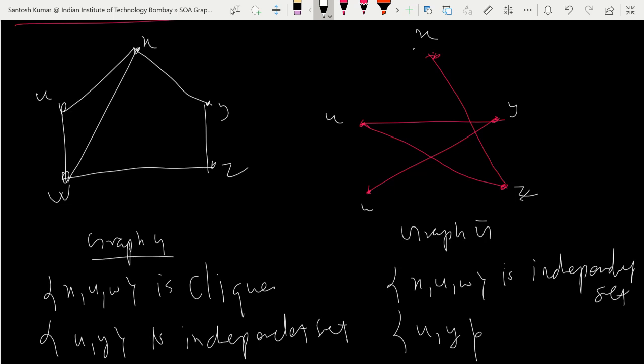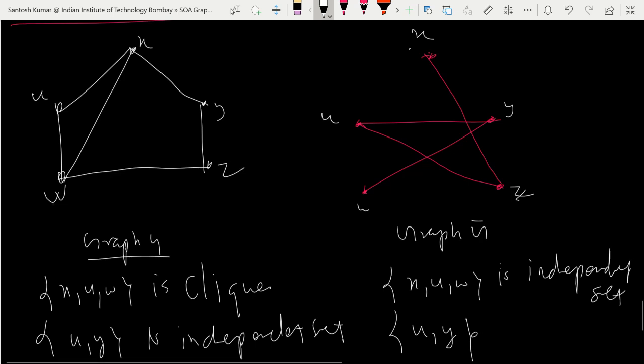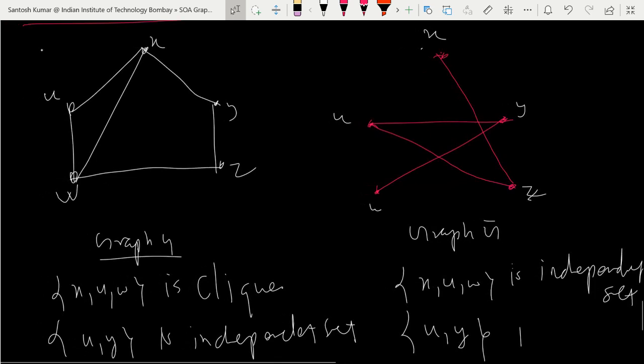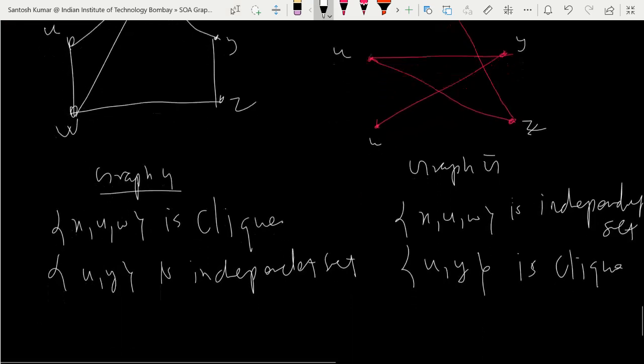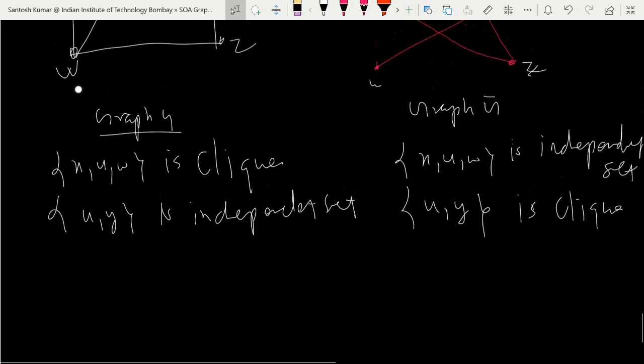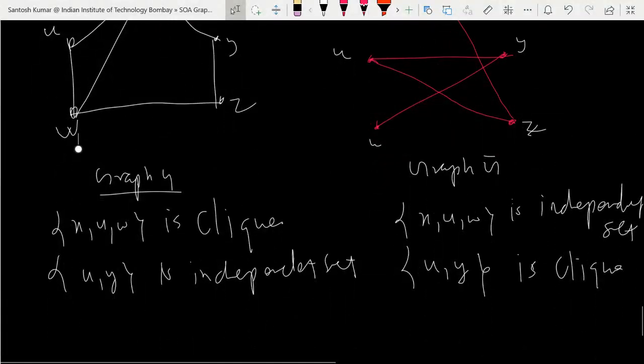There is an edge between U and Y, so that will be a clique. Yes. So what I'd like to convey? In case of G, the clique becomes an independent set in G complement, and vice versa. An independent set in G becomes a clique in the G complement.